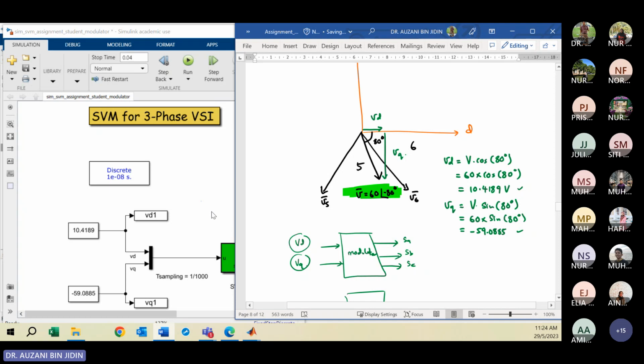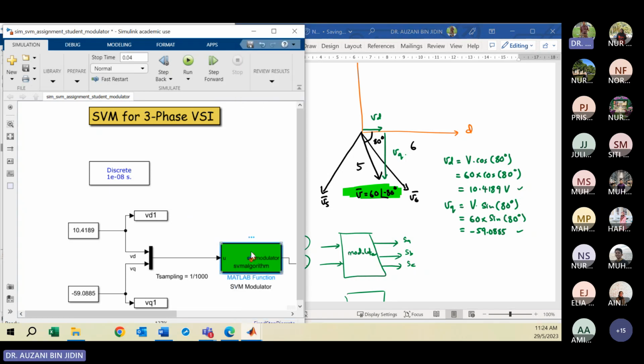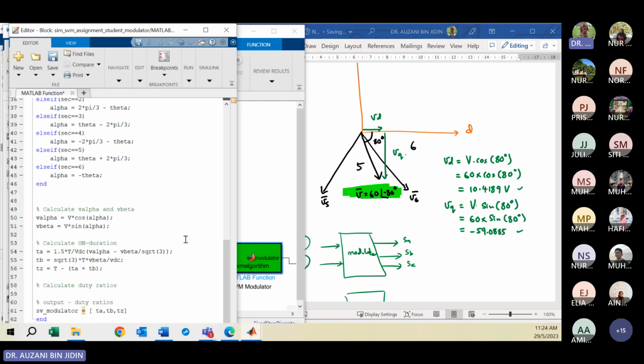Okay, maybe we can put an extra, additional output to verify the coding that we have developed just now. So maybe we can put the additional output as sector. Maybe you can put sector alpha just to check.